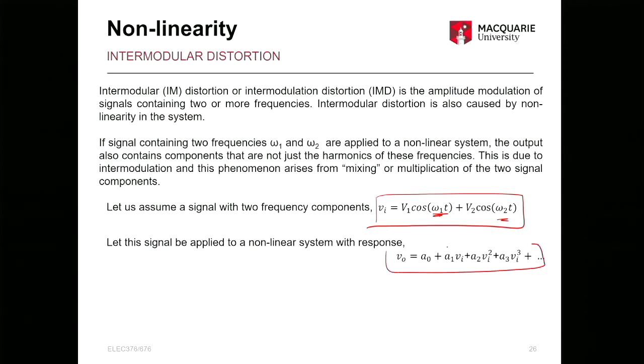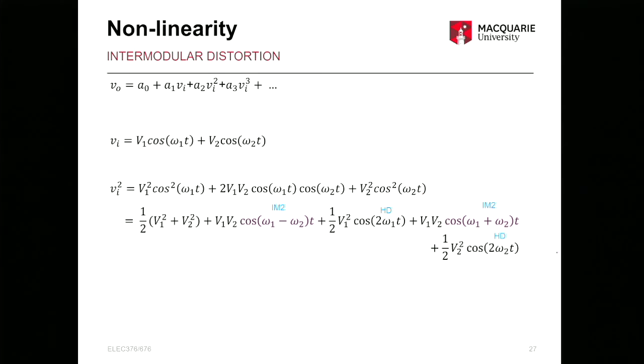Let's say we put that through a system with distortion. So it's not linear, it's DC plus VI square plus VI cube and so on. It's time consuming to write it down one by one, but you can imagine how it would be.